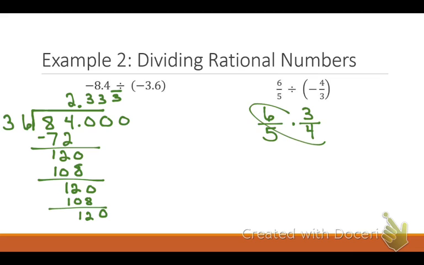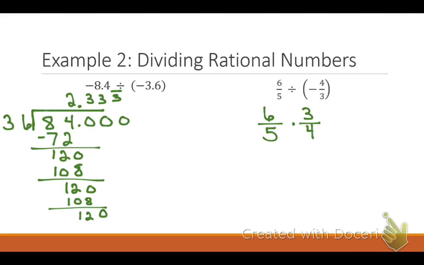Is there anything I can cross-reduce? Okay, so here's my advice to you. You will not be deducted if you miss the cross-reducing. But here's what's going to happen. You get to your answer, you don't have calculators on this quiz. Okay, so if you get to your answer and your answer is like 236 over 420, then that's going to be kind of hard to reduce using mental math.